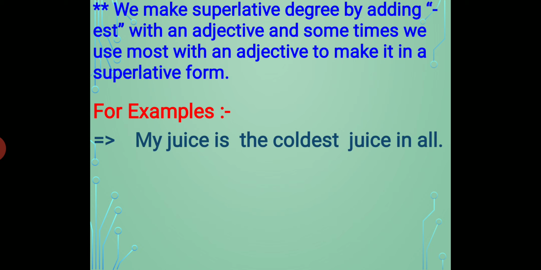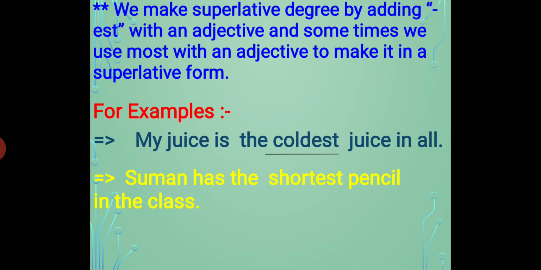Here more than two juices are compared, so the answer would be in the superlative form. And always before the superlative form, the is written in the sentence. So it will help you to identify the superlative form of the degree and fill up the blanks. So what will be the answer? Coldest, right?